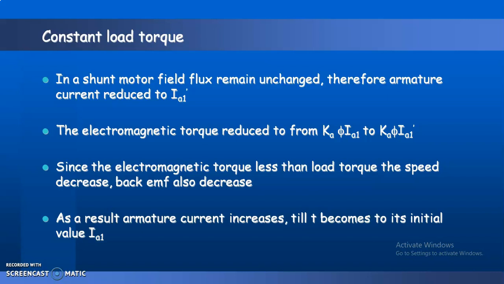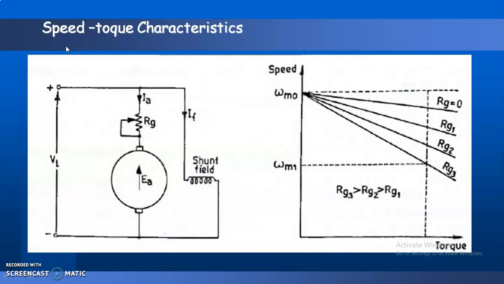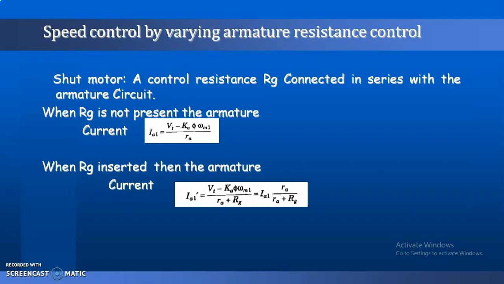Carefully note down: Eb reduces, so the armature current is increased, up to its initial value for the constant load torque condition. Now if we take both speeds, the second speed omega m2 and the first speed omega m1, in both cases the speed is changed.